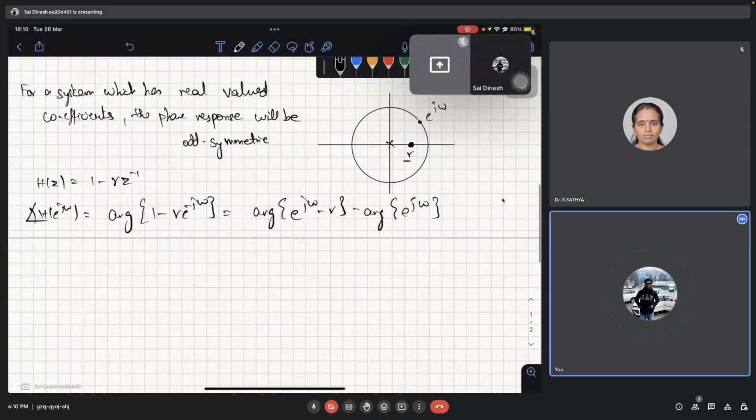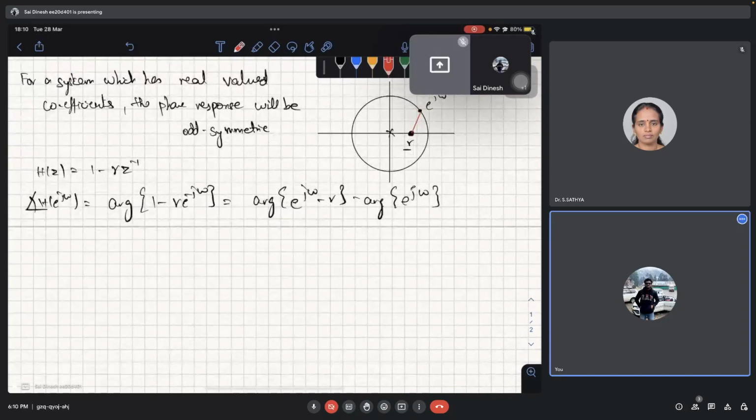Sorry. So this argument of e^(j omega) minus R is this angle, right? And arg of e^(j omega) is from the origin.